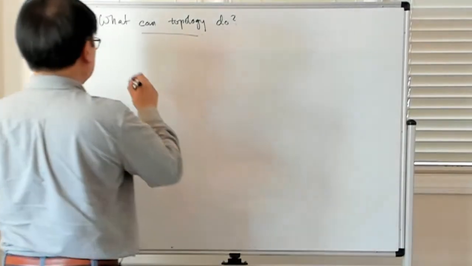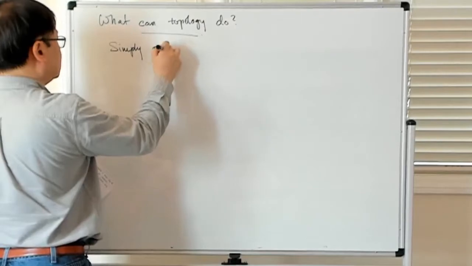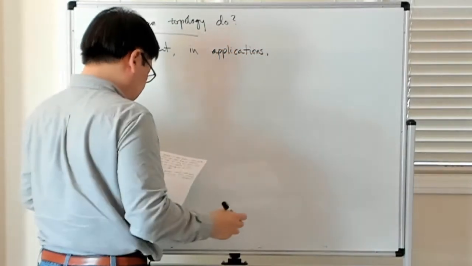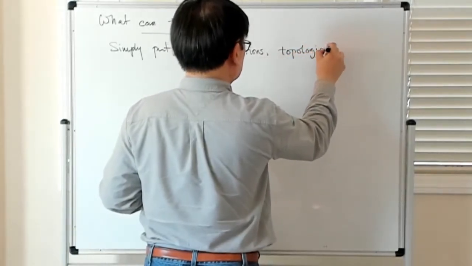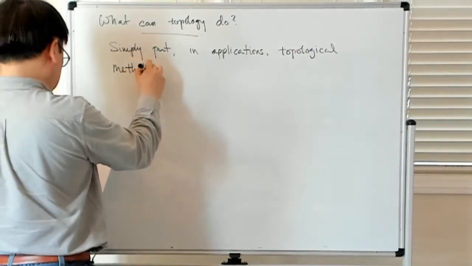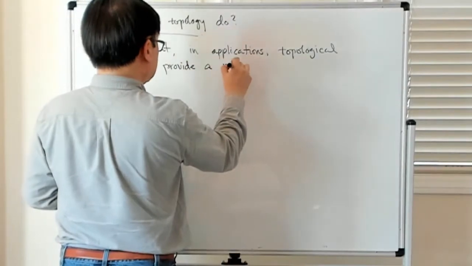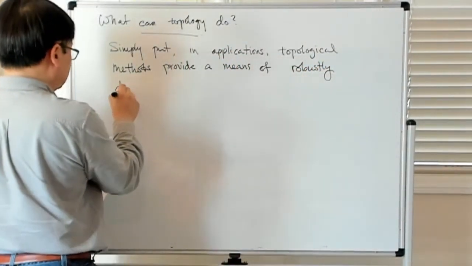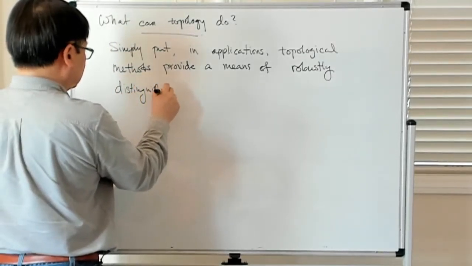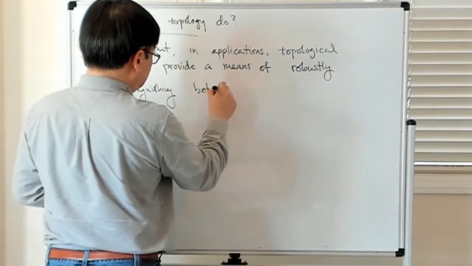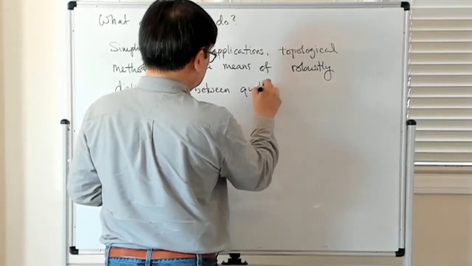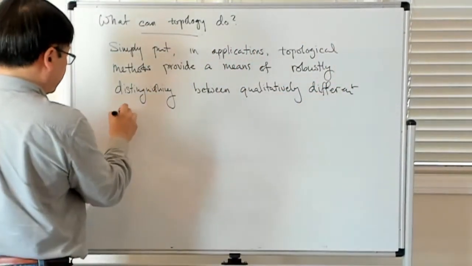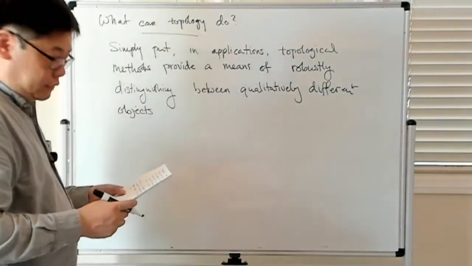Simply put, in applications, topological methods provide a means of robustly distinguishing between qualitatively different objects in a manner that is insensitive to measurement noise.